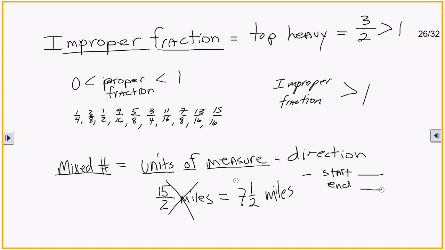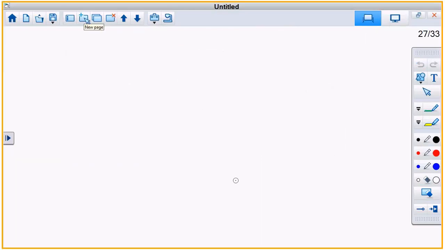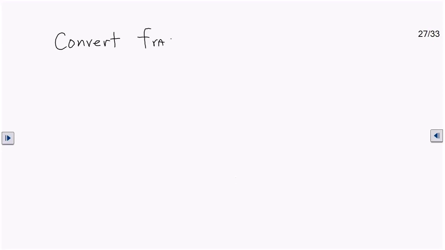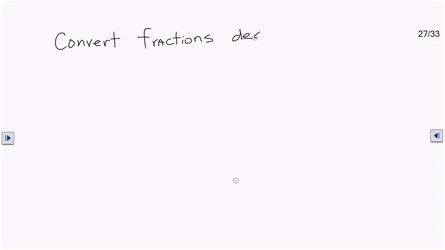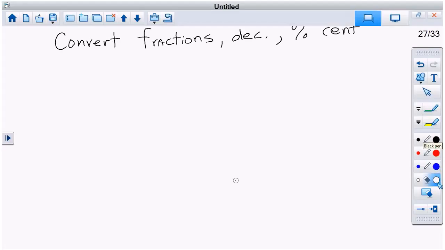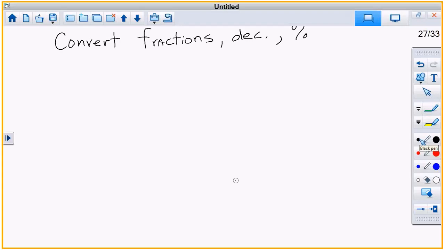Now, let's talk about fractions as far as decimals and percents. You can convert fractions, decimals, and percents from each other and into each other. Before I get into fractions and decimals, I want to go over percent.